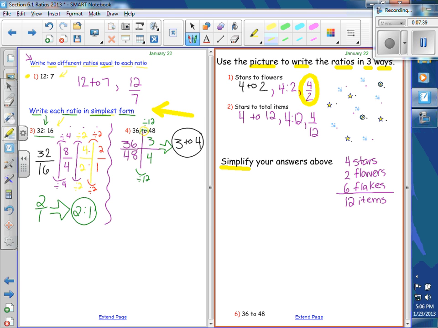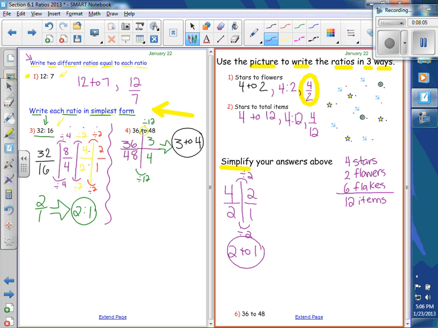So we're going to go back to that skill of just taking your fraction form, reducing it down. 4 divided by 2 is 2, 2 divided by 2 is 1, and writing our simplest form, 2 to 1.